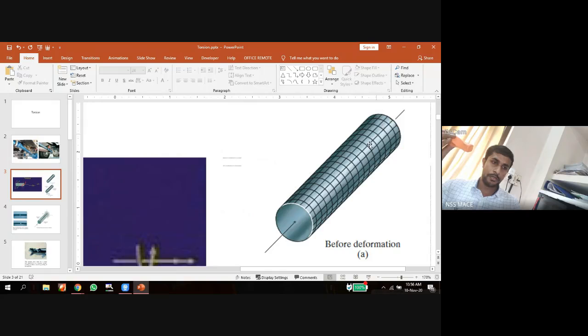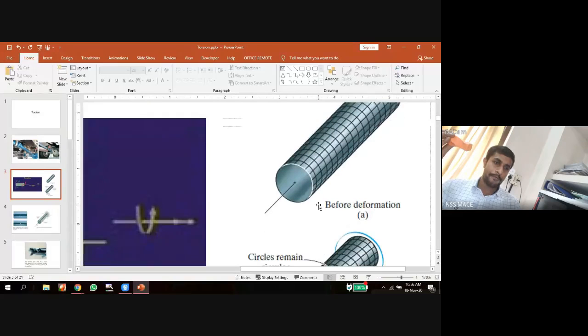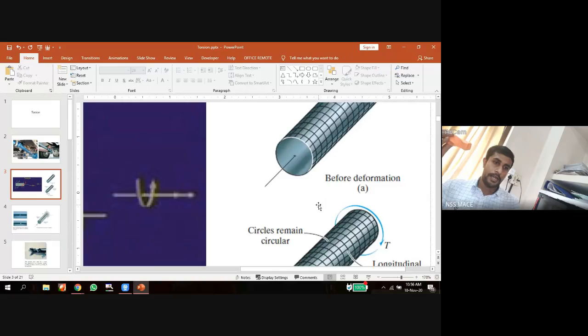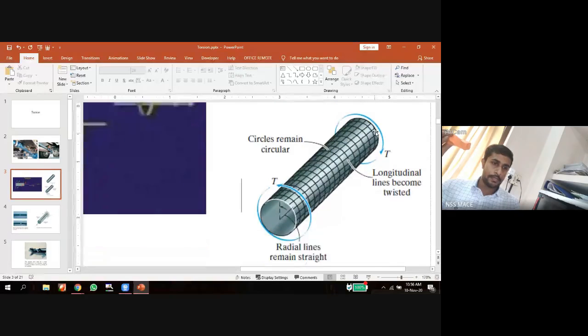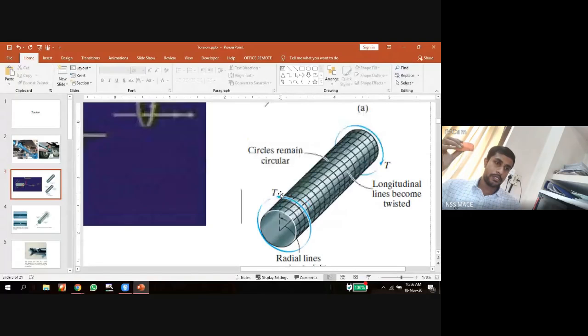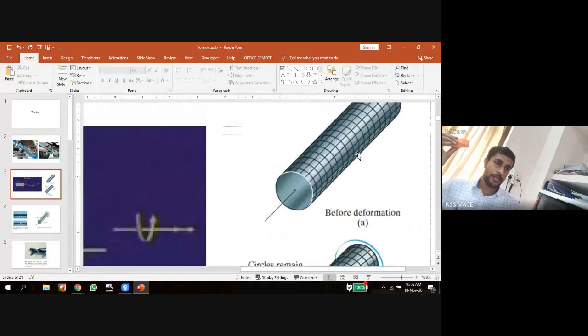But after deformation, what happened? We can see these longitudinal lines are rotated by an angle.